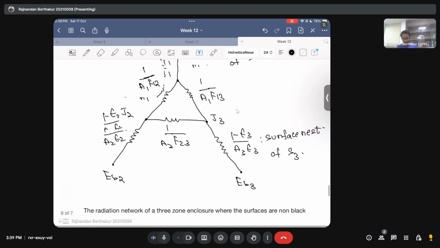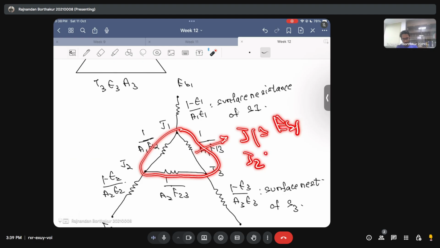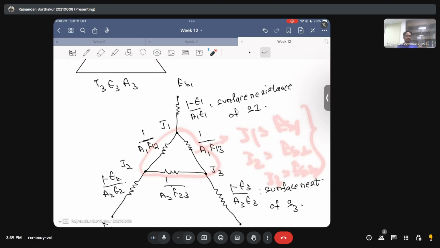I believe now you can understand that for black surfaces, we'll only have this part of the radiation network, where J1 is going to be equal to EB1, J2 equal to EB2, and J3 equal to EB3 for black surfaces. That's obvious, right?